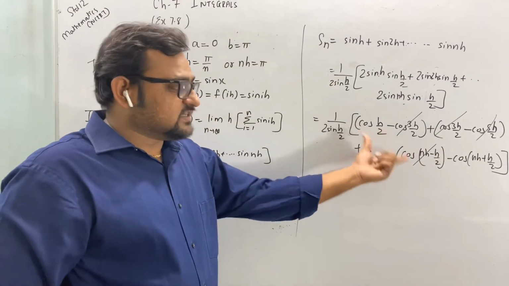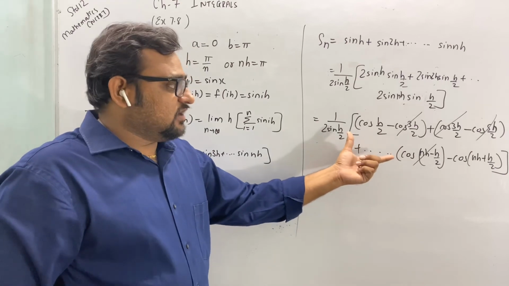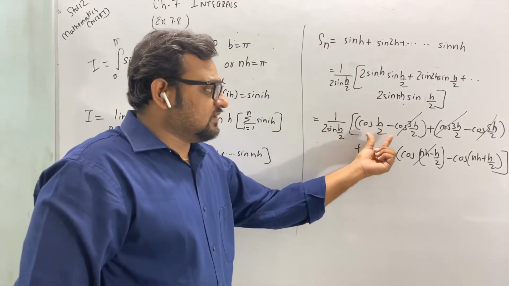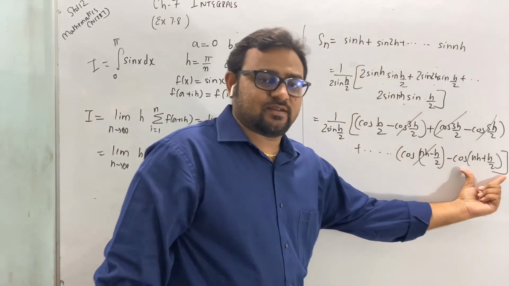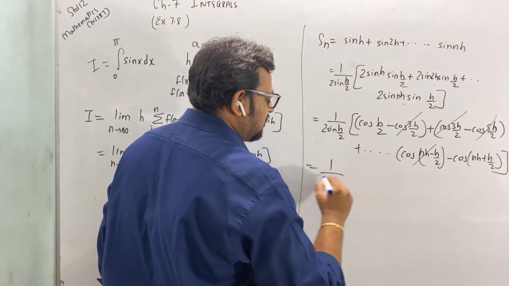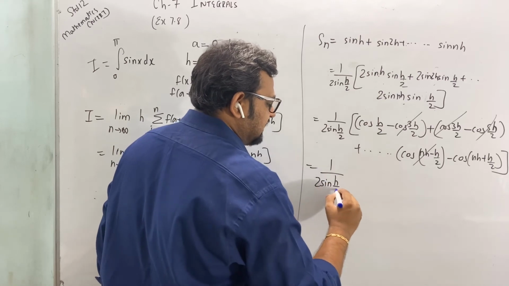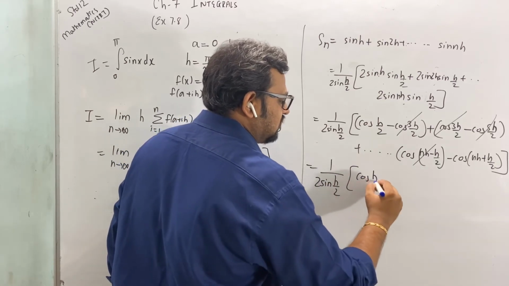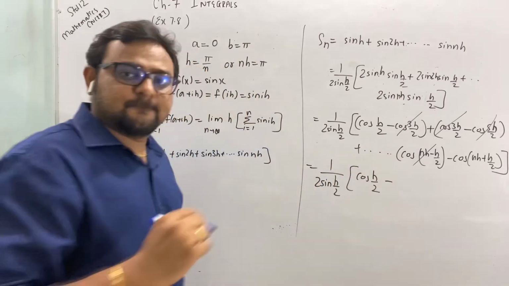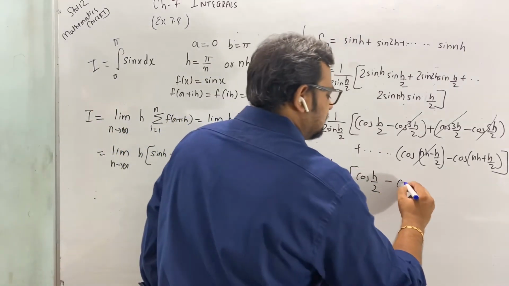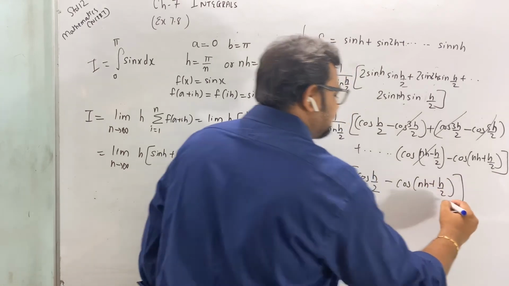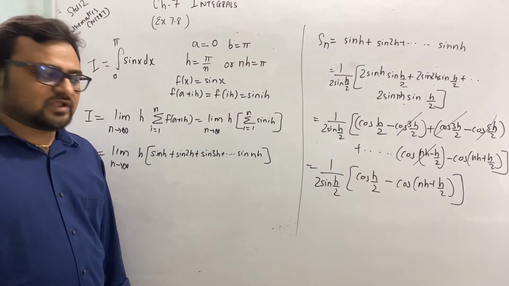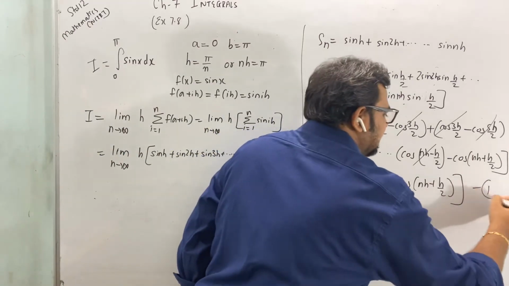Remember, in this type of intermediate step, if the first bracket's first term is remaining, then the last bracket's last term will be there. So this will be equal to 1 upon 2 sine h by 2, cos h by 2 minus cos nh plus h by 2. Clear? So let's take it as 1.